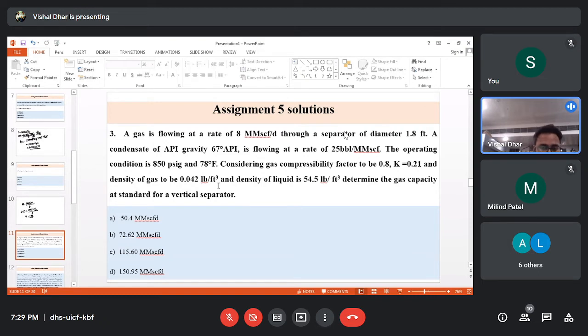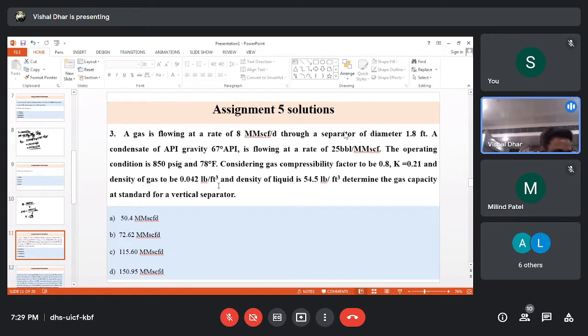K is a design constant used in this type of numericals, and its value is given as 0.21. The density of gas is 0.042 lb per cubic foot, and density of liquid is 54.5 lb per cubic foot. Determine the gas capacity at standard conditions for a vertical separator.